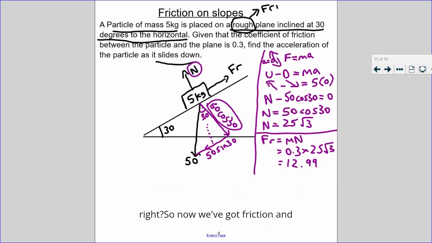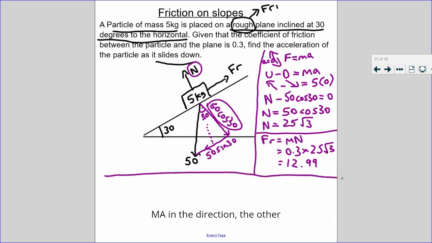Right, so now we've got friction, and now we can focus on F equals ma in the other direction, which was the direction of motion. Now the particle is going down, so I need to do down minus up equals ma.